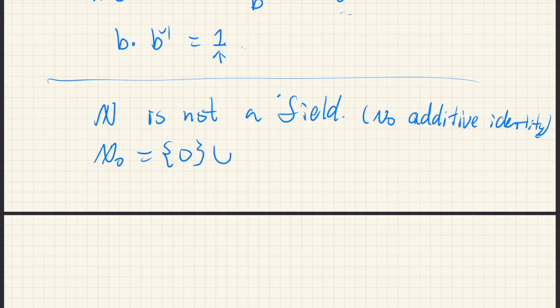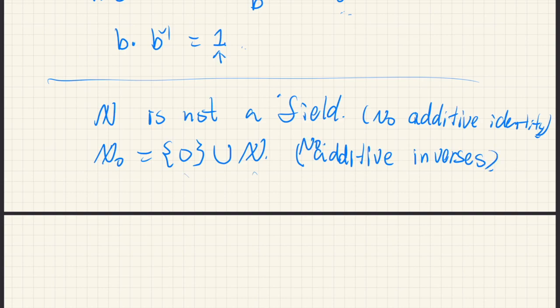If we add 0 to the set of natural numbers, is this a field? No, it's not, because here we don't have additive inverses, none for any element except 0. And also we don't have multiplicative inverses either. So this cannot be a field.